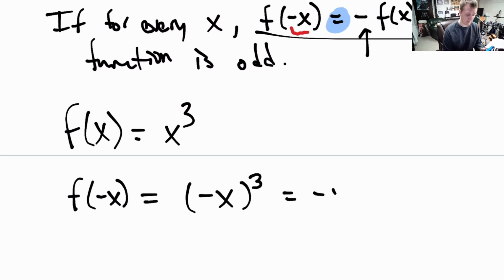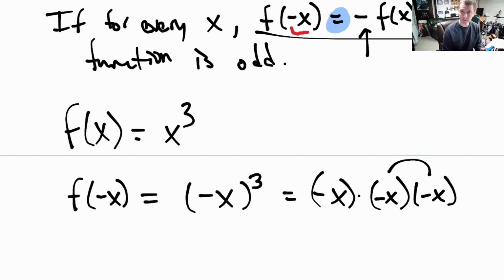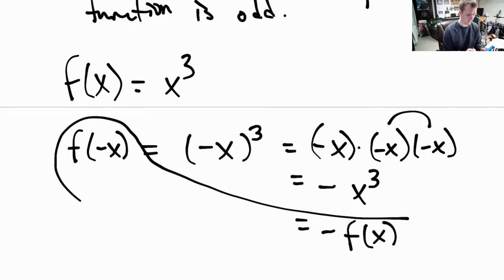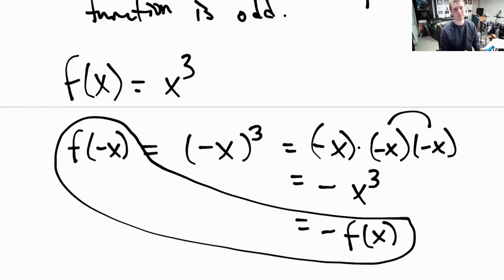That is negative x times negative x times negative x. Well, two of these signs cancel out, and then there's one left over. So this is negative x cubed. That is equal to the opposite of our original function. F of negative x equals negative f of x. So we have here an odd function.